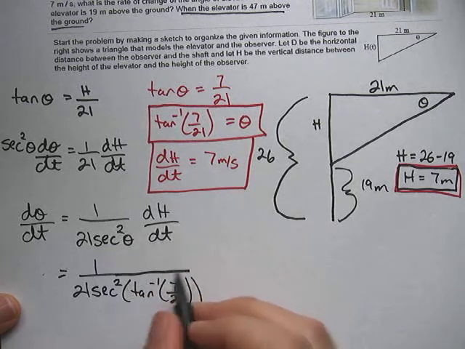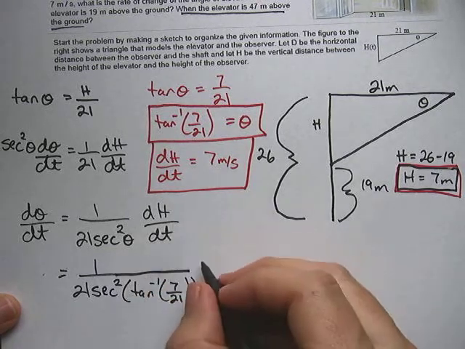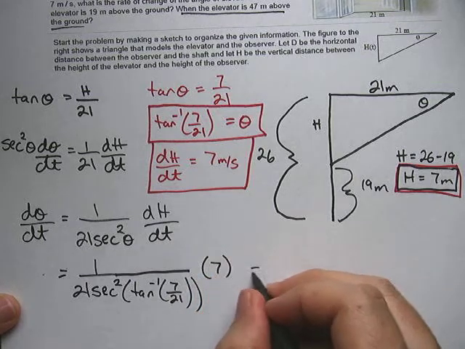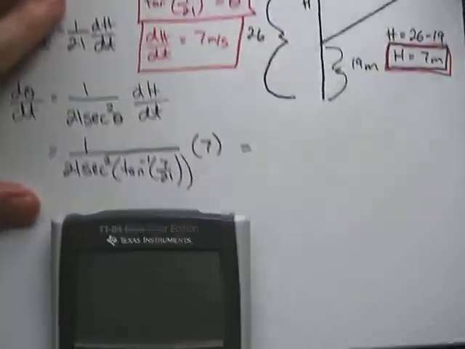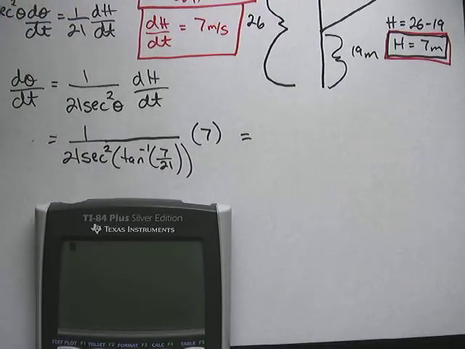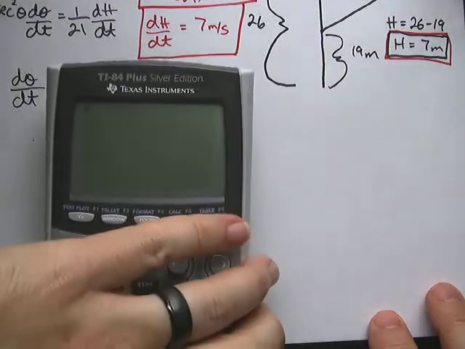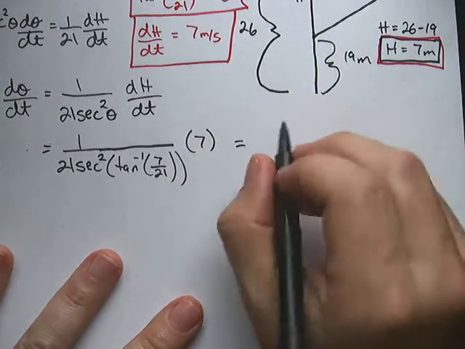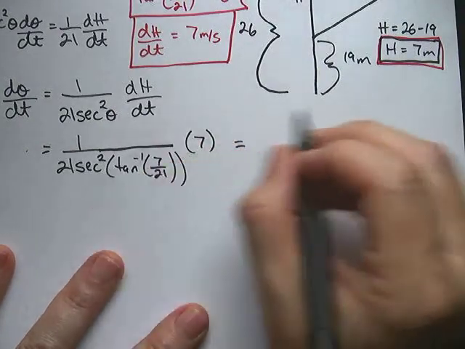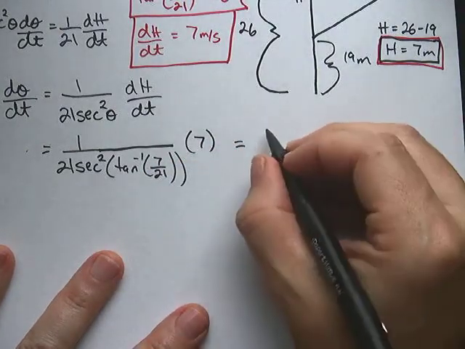Okay, so that gives me my theta. Now the dh dt is 7. All right, so let's go ahead and type that in the calculator. When we have secant squared, some calculators let you just type in a secant squared. If your calculator doesn't, I can change the secant squared into a cosine and move it up to the top.